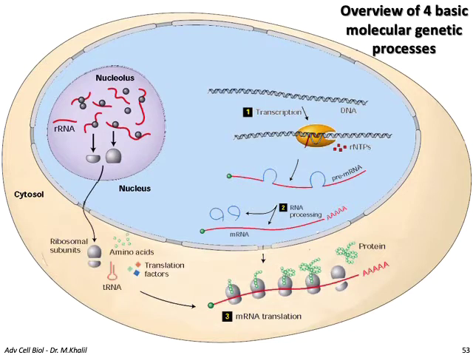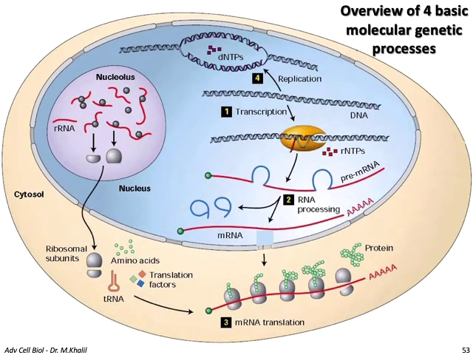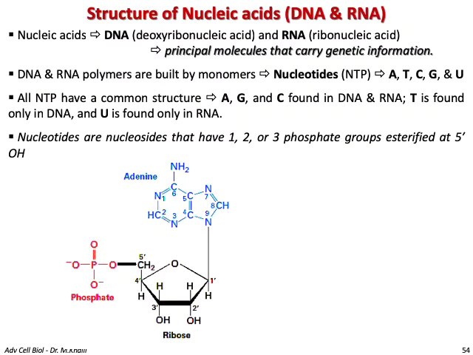The ribosome comes from the transcription of ribosomal RNA, which, when bound with the ribosomal proteins, makes functional ribosomes. The fourth process is replication, which results in the duplication of the DNA material. So these are the four basic molecular genetic processes.